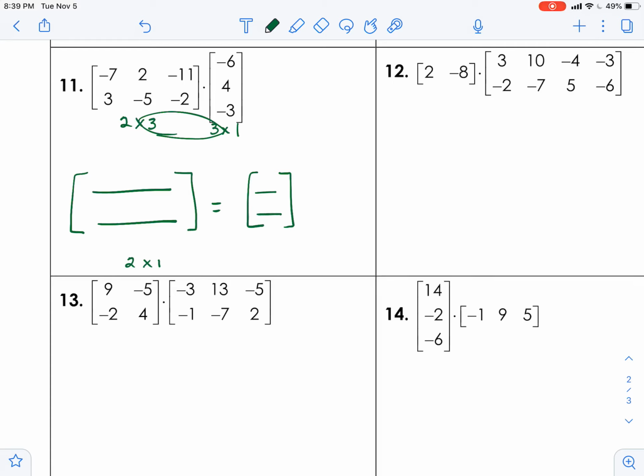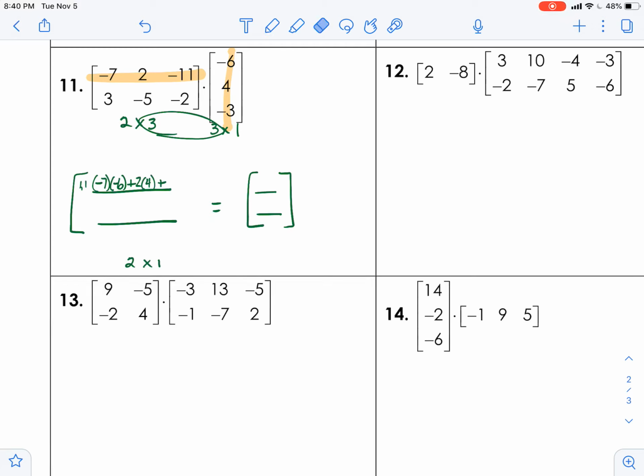Okay, and so this one's not going to require quite as much, but I am in my 1-1 position. So I am going to take my first row, first column. We'll only have one column, okay? And so in this case, I'm going to have a -7 times a -6. Hopefully I made this big enough. Plus 2 times 4 plus, maybe I didn't.